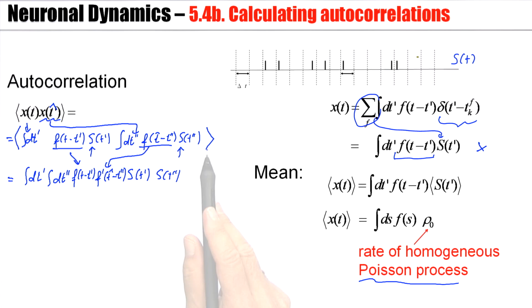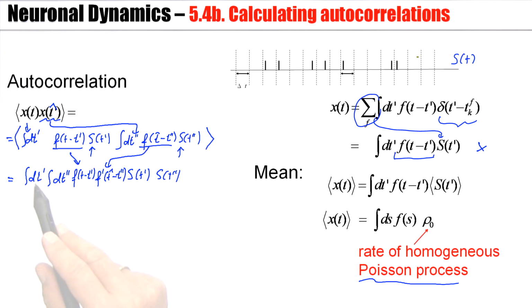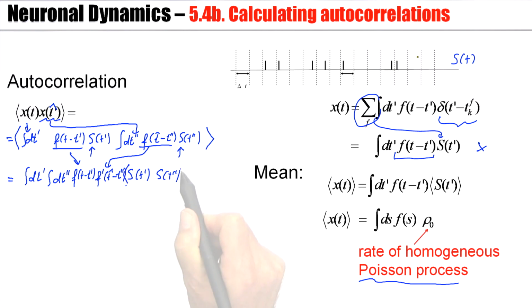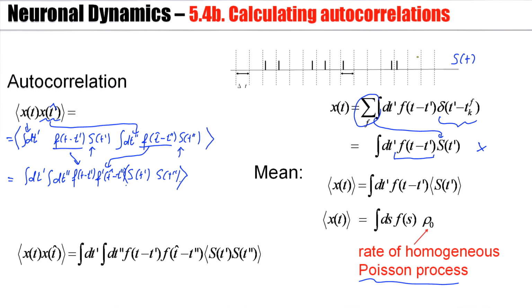Taking the expectation is a linear procedure. I can pull it inside, and the only stochastic part are these spike trains. So this is the result. The correlation of my signal x at time t with the same signal at a later time or earlier time t hat, expectation, that's the autocorrelation, is given by this formula.